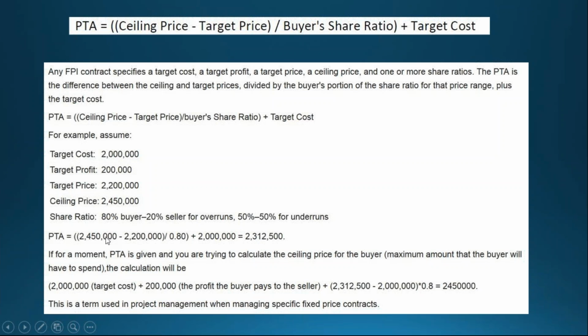So that's the difference between the ceiling price and the target price, divided by our buyer ratio, the ratio of risk we're willing to take in that gap. We're going to add the costs because that's the back end of this very good formula. And we're going to come up with this, that at $2,312,500, the $501st is on you, Mr.